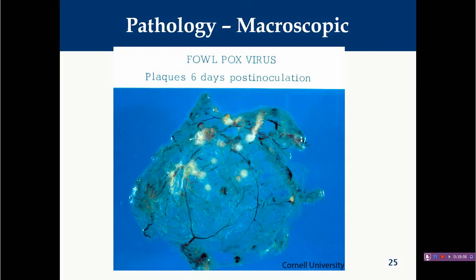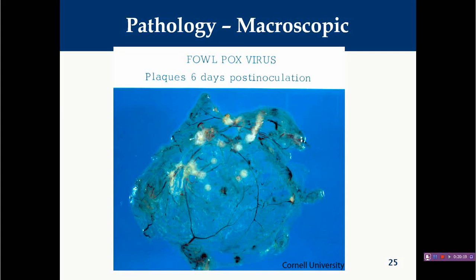Generally, this inoculation is done for virus isolation. So if you want to go for virus isolation, what you have to do is inoculate this particular virus into embryonated chicken eggs, and after a few days you will find such proliferative lesions.